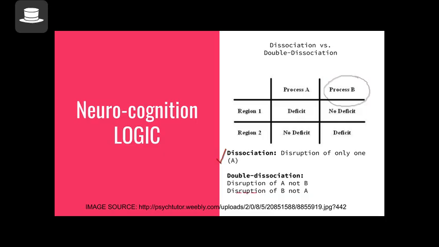Again, dissociation is disruption to only one mental process all the time. Double dissociation is disruption to one with a non-disruption to the other mental process, and vice versa.